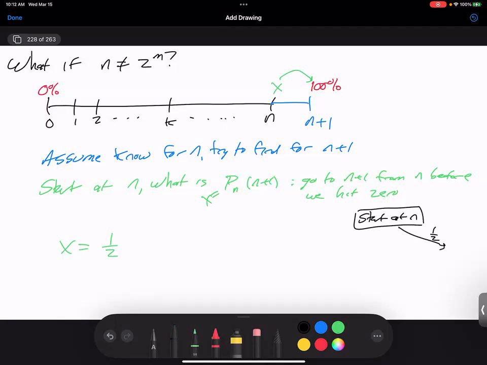Half the time I end at n plus 1, and that's what I want. The other half of the time, I am now at n. Sorry, n minus 1, right?